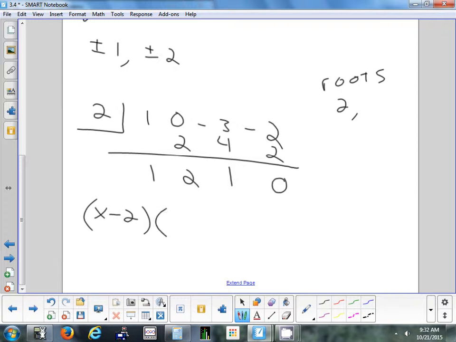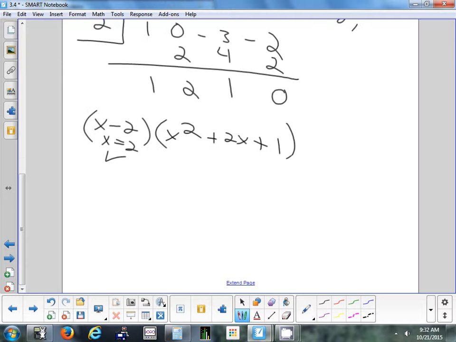And what's the other factor? We have x minus 2. And look at my quotient. X squared. Yep. Plus 2x. Yep. Plus 1. We already got the root here. Now we got to find the 2 roots here. Let's see if we can factor that. So we have an x and an x.